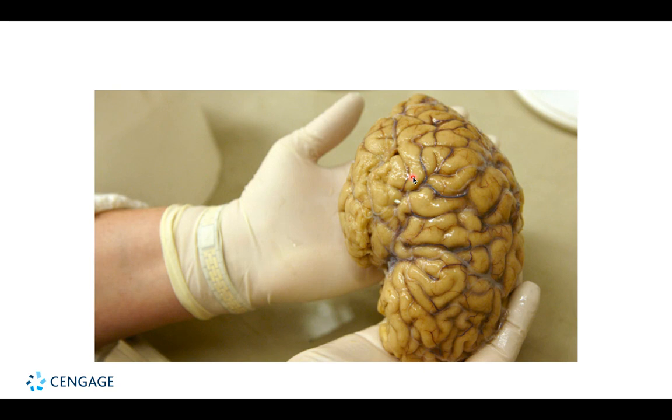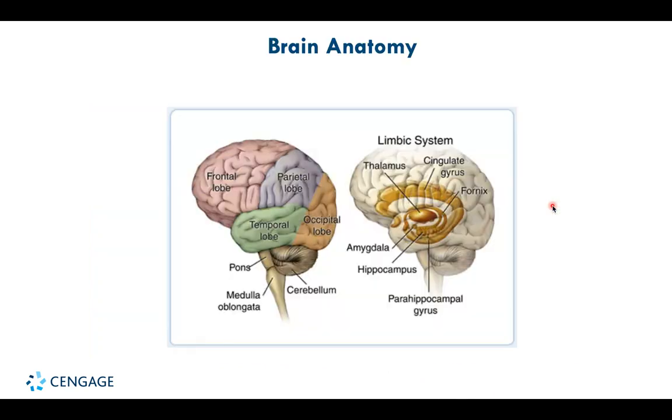If you ball up your two fists, put them together, that's roughly the size of your cerebral cortex. This is, like I said before, where the stuff happens that makes you you and makes you human. We can divide the forebrain into the cerebral cortex, this fleshy outer covering, as well as these internal structures called the limbic system.